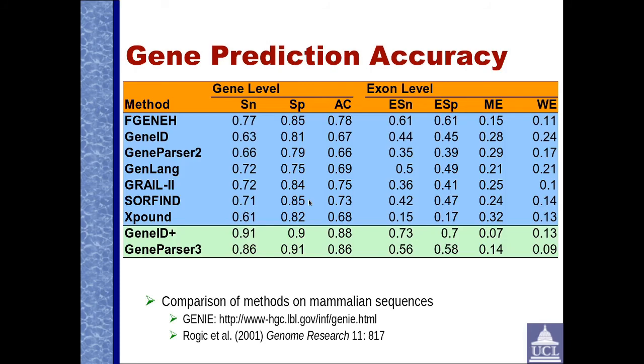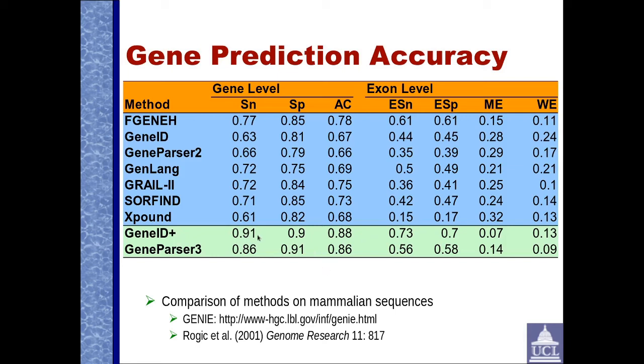So let's have a look at some of the methods that are used for gene prediction and how well they perform. These are predictive methods used specifically on mammalian sequences, and I've highlighted at the bottom the two that perform best.